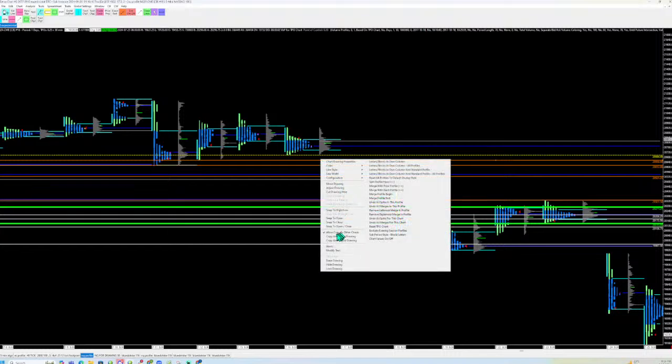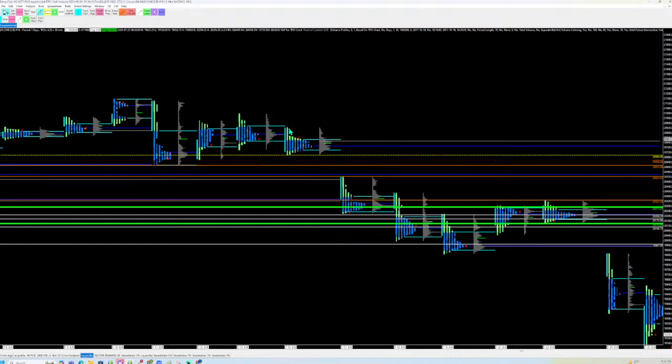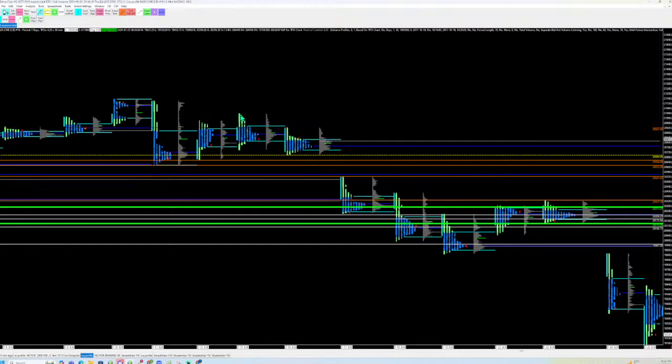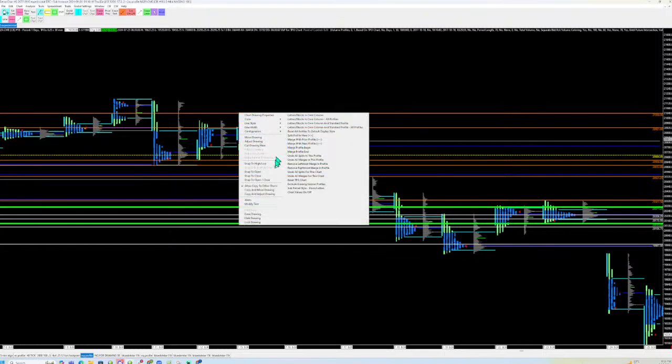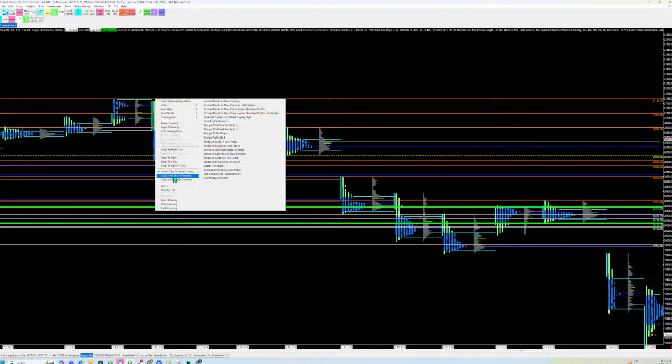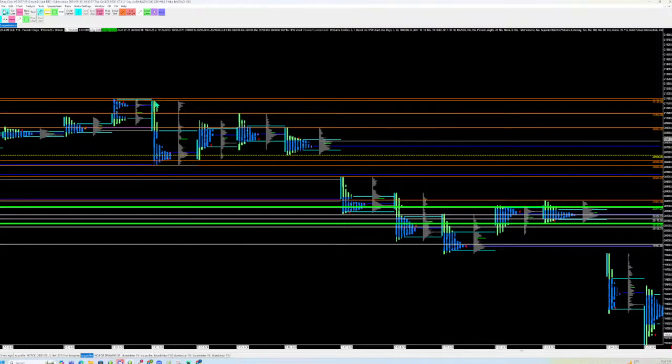Then this is prior day's high. And that would take us all the way up to 21,120. So I'll look if there's anything off to the left.